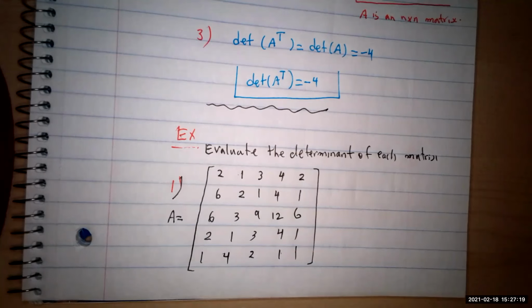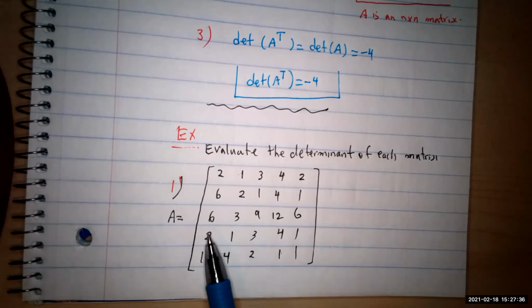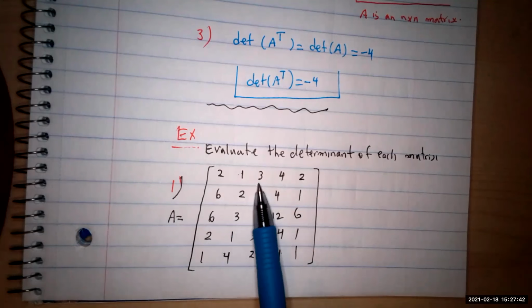If you want to do it the long way, it takes quite a while, because you don't have lots of zeros so that you can just expand it. So check to see if there is any relationship between these rows. You look at this one, 6, 3, 9, 12, 6, and this one, 2, 1, 3, 4, 2.